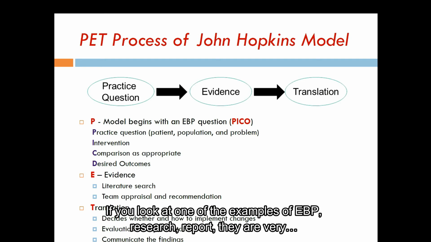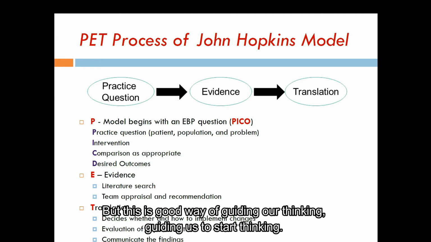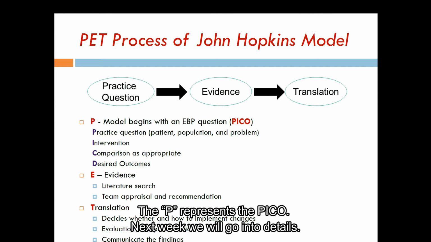If you look at one of the examples of the EBP research reports, there are a lot of forms to fill out. And we probably would not be going into that extreme, okay? But this is a good way of guiding our thinking and guiding us to start thinking how to use EBP in our actual practice.